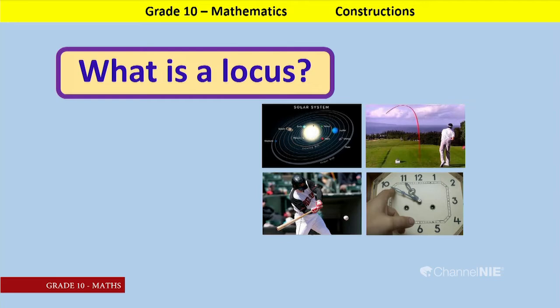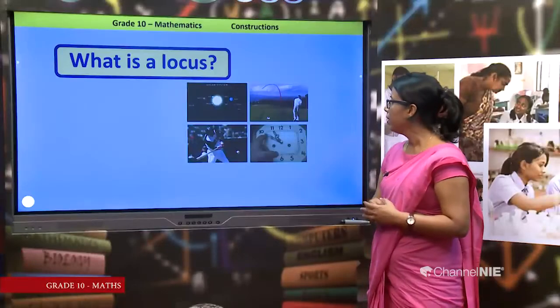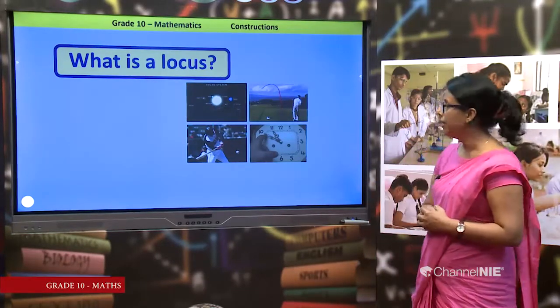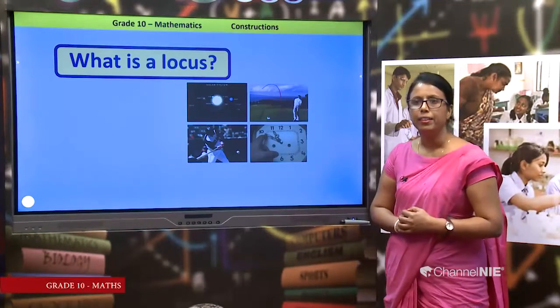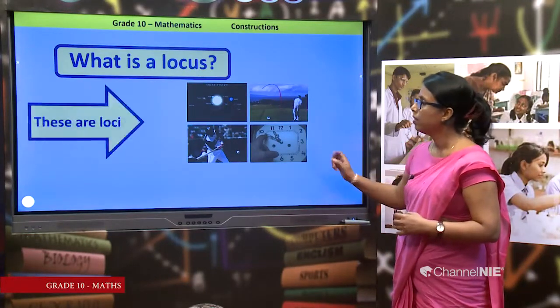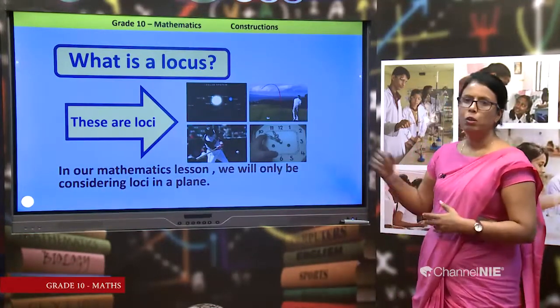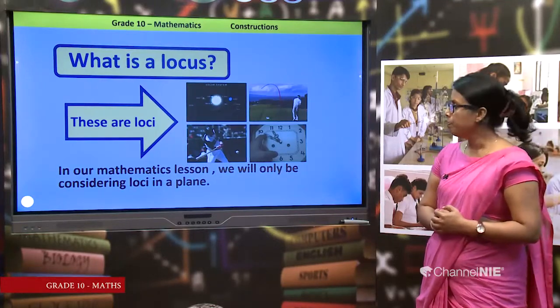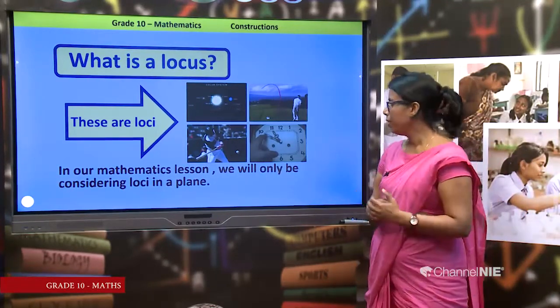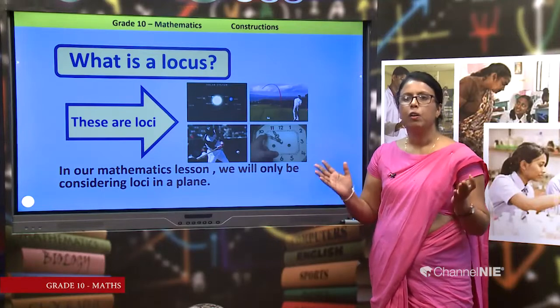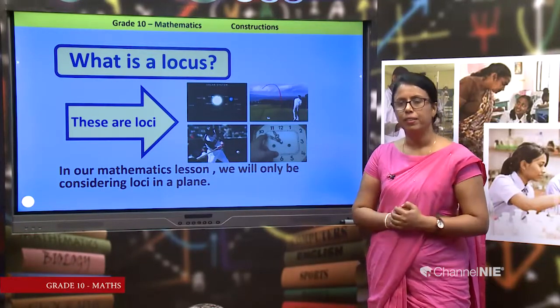Let's see some examples. A path of a planet orbiting around the sun. A path of a ball that is thrown upwards. The path of a ball that is hit by the bat. The path of a pointed end of a clock hand. These are loci. In mathematics lesson, we will only consider loci in plane figures.